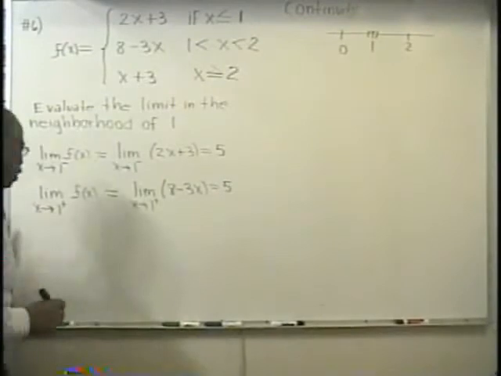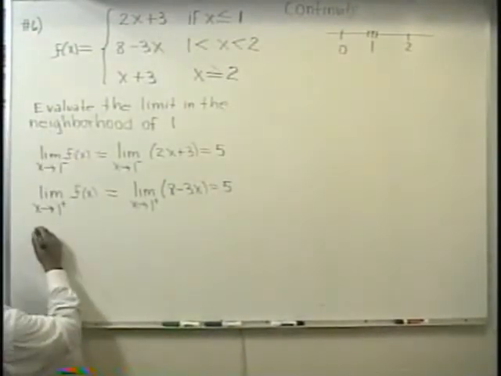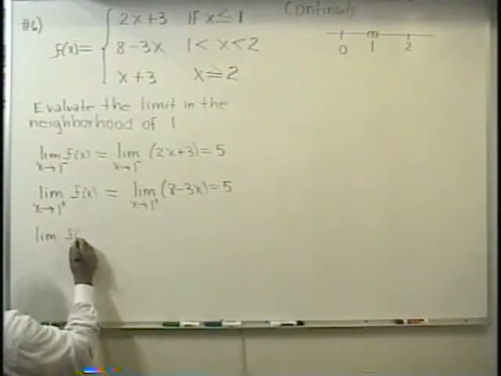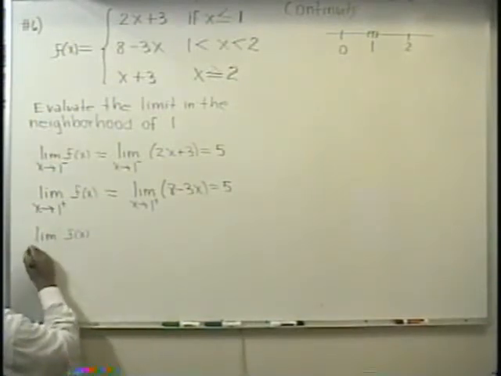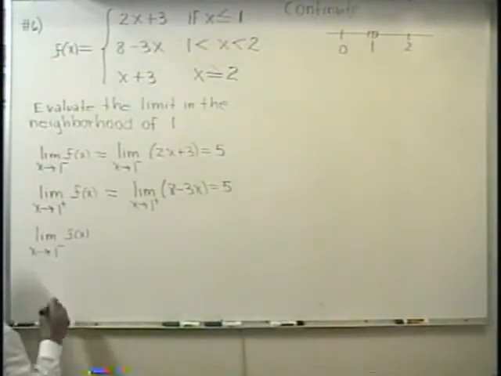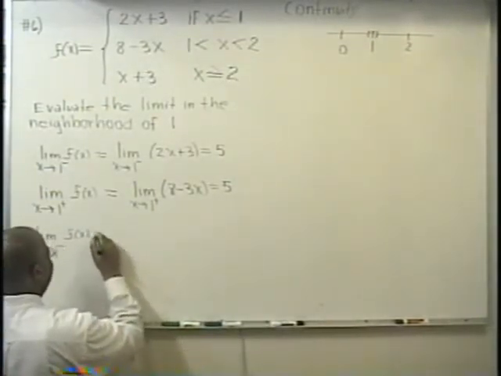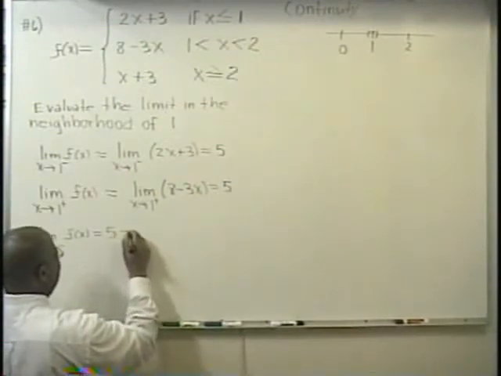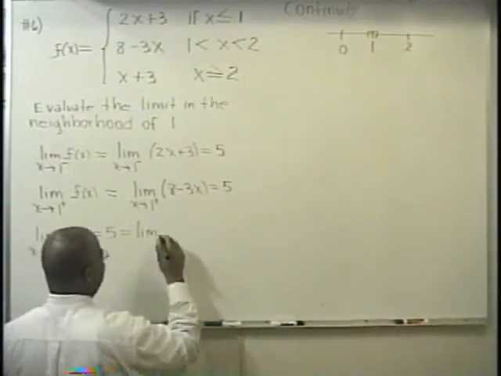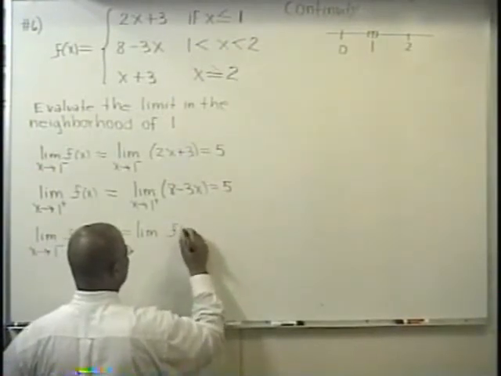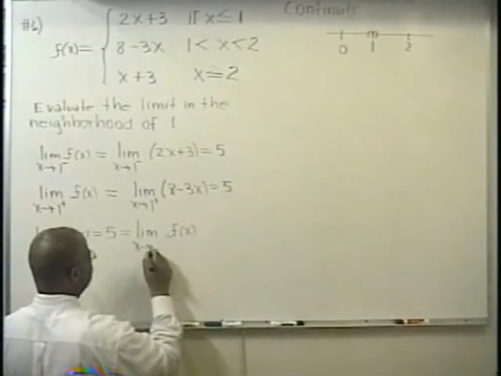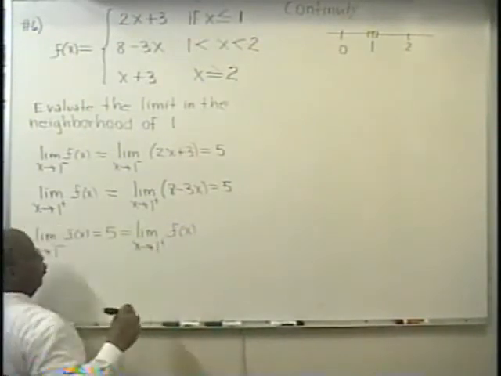So far, here's what we have. We have that the limit of f of x as x approaches 1 from the left is equal to 5. And the limit of f of x as x approaches 1 from the right is also equal to 5.